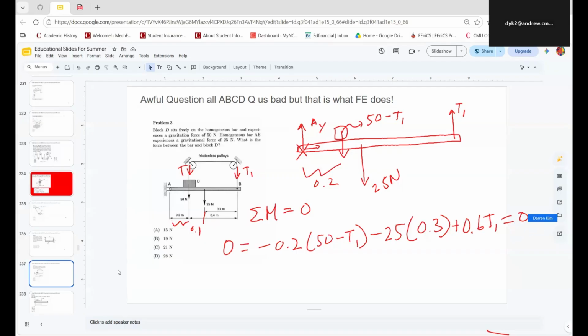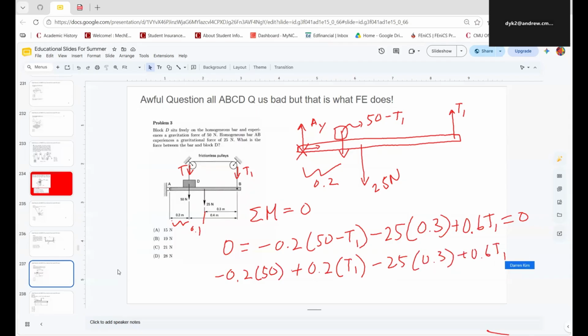So in this case, you have minus 0.2 multiplied by 50, plus 0.2 multiplied by T1, minus 25 multiplied by 0.3, plus 0.6 T1 equals 0. So T1 equals 1 divided by 0.8, and then you just have to switch the signs over here, so we put a negative here and keep the sign over here so it makes it easier.